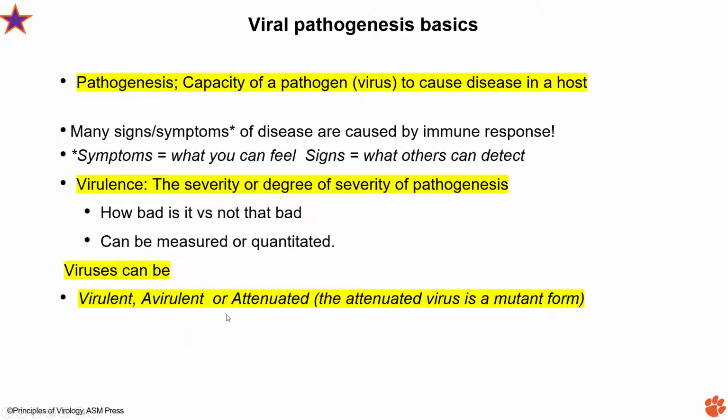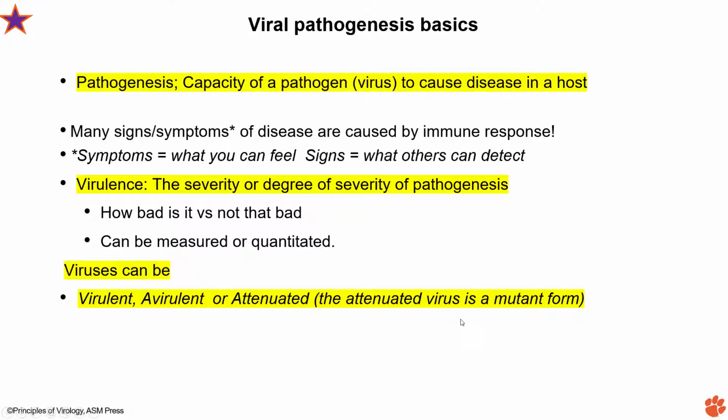Now remember that this was one of the quiz questions, and some of you missed it in the first attempts. Viruses can be virulent, avirulent, attenuated. I put another one as a mutant, and nobody thought about that. That could be another choice. But remember that the mutant virus was not in this list. You find these mutant viruses, which are different from the wild type virus, all over the place, and all the attenuated strains are basically mutant forms of the wild type virus.